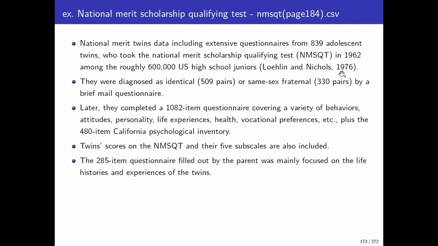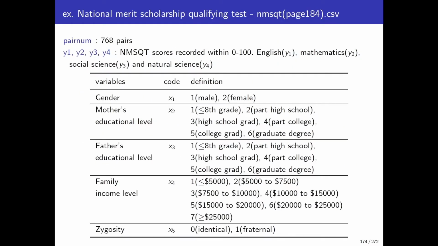Twin scores on the NMSQT and their 5 subscales are also included. The 285-item questionnaire filled out by the parents was mainly focused on the life histories and experiences of the twins. This data includes 4 responses: Y1, Y2, Y3, Y4, for NMSQT scores recorded within 0 until 100. English for Y1, mathematics Y2, social science Y3, and natural science Y4.